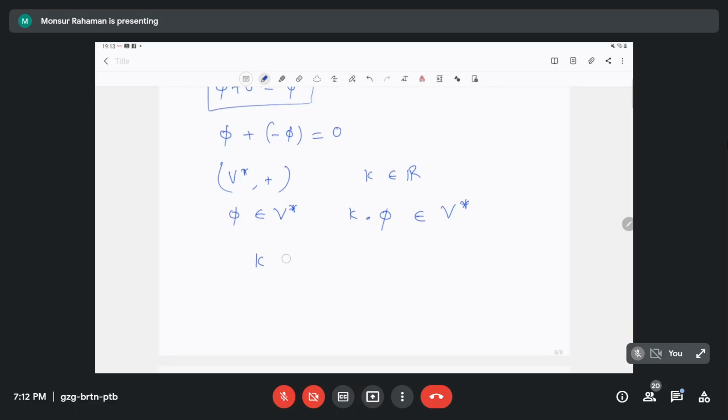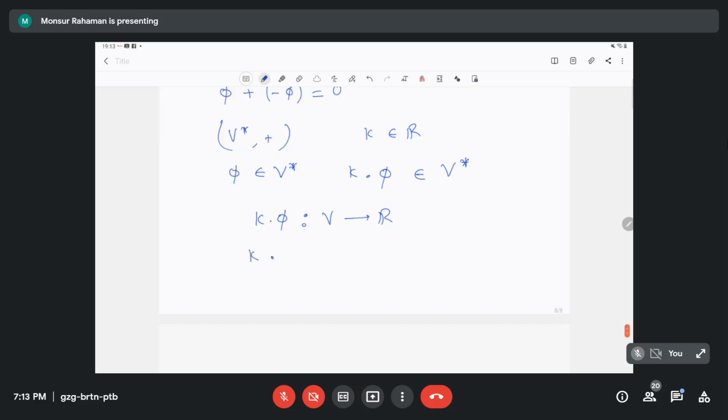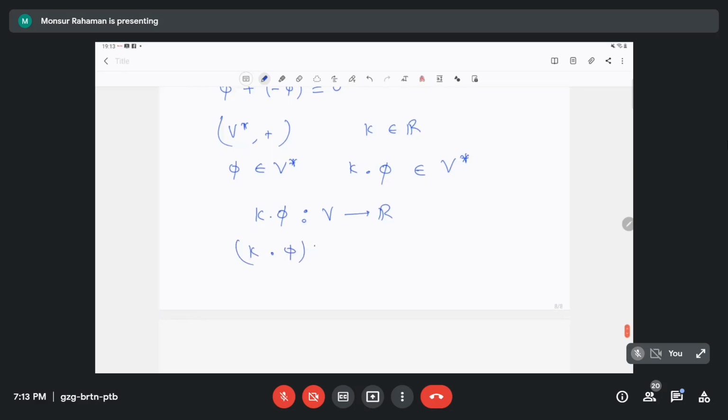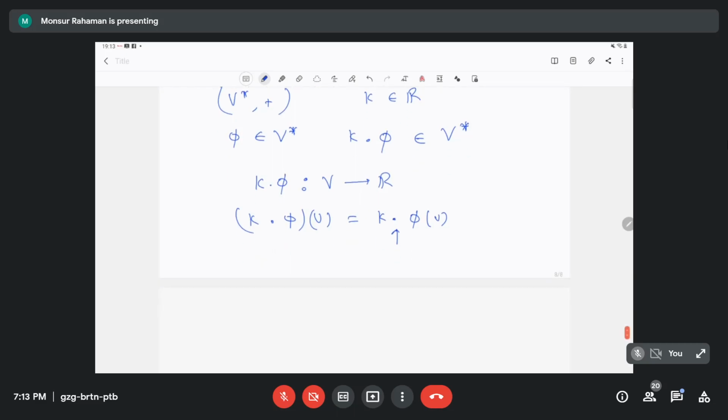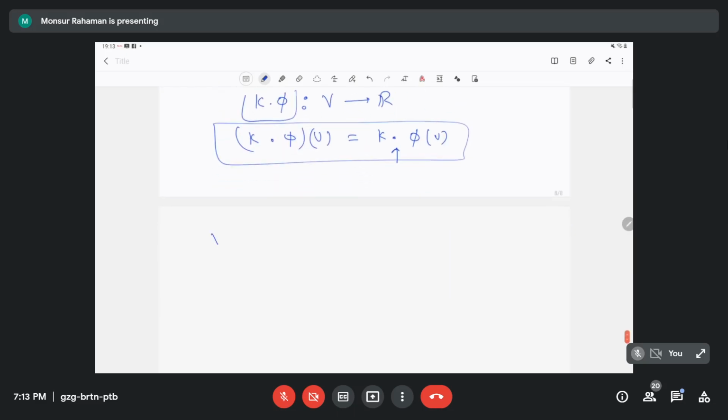Because this is a function from V to R, you can define k phi at v as k times phi of v. Yes, this is a real number, this is a real number, so you are multiplying real numbers, so it is defined in this way. Obviously this will be a linear functional again, k phi. So this V star is a vector space.